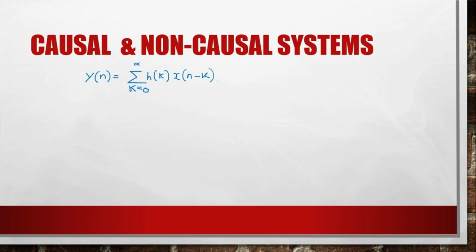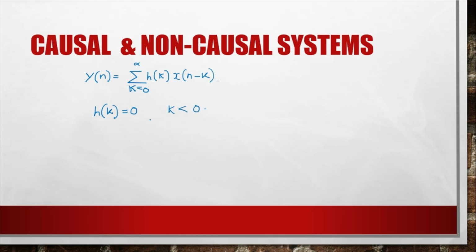An LTI system is causal if and only if its impulse response is 0 for negative values of n. What I actually want to tell is that the system will be causal if h[k] is 0 for k less than 0.